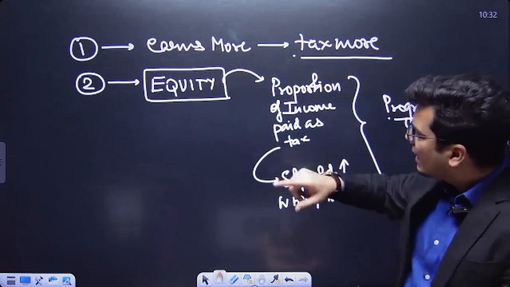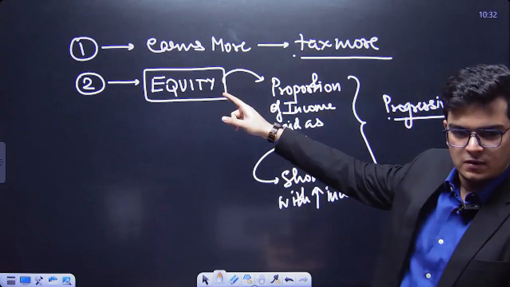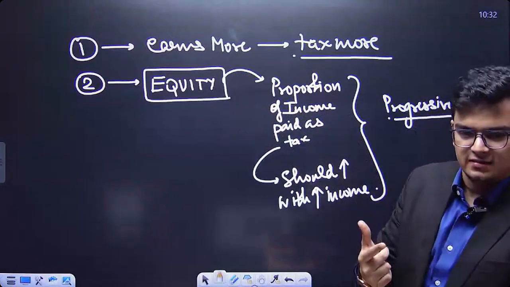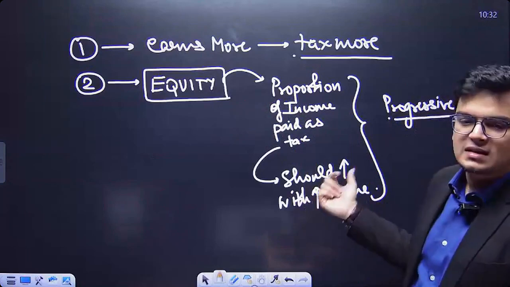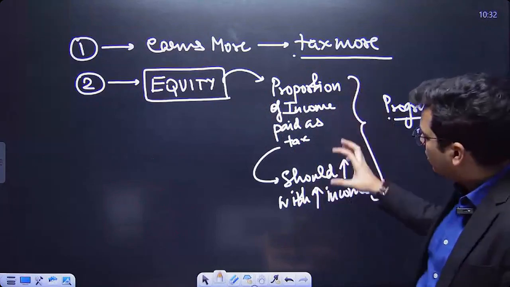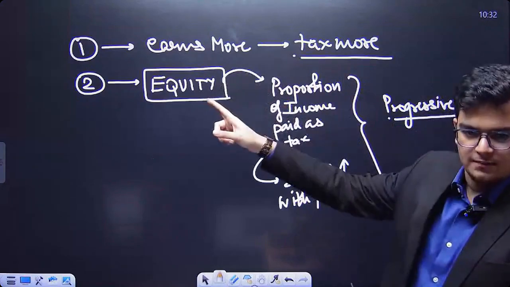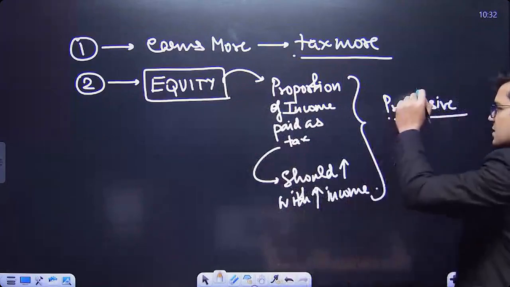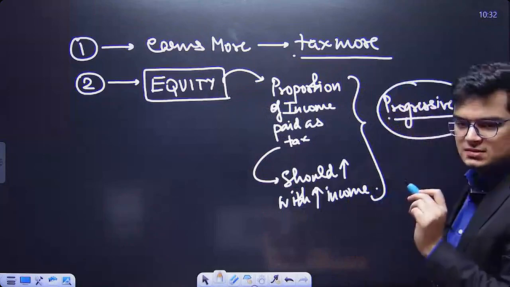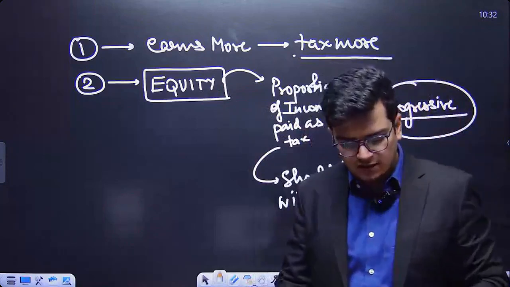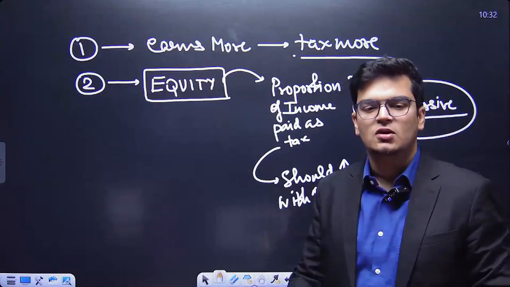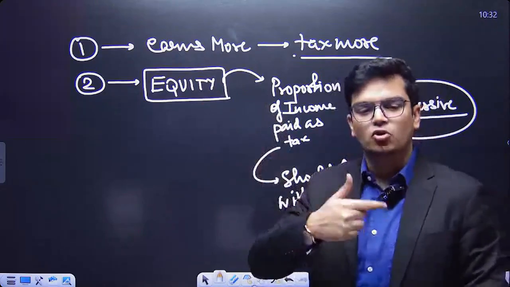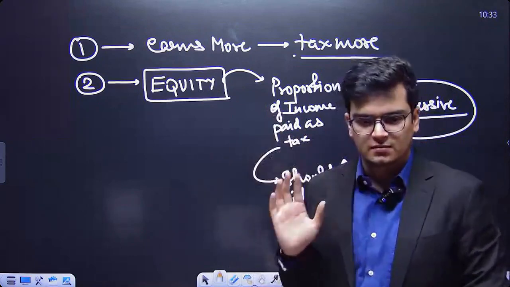But ideally for the purpose of equity, proportion of income that is paid as tax should increase with increasing incomes. Therefore, for the purpose of equity in the distribution of income, a progressive system of taxation makes more sense, which is what we are trying to obtain through the collection function.